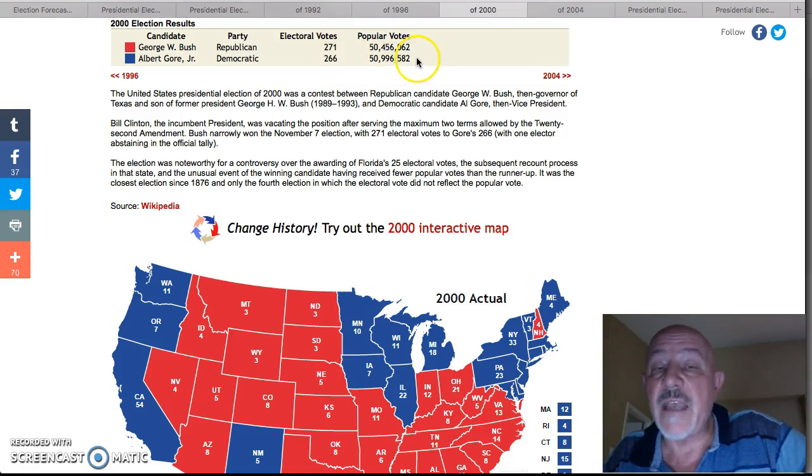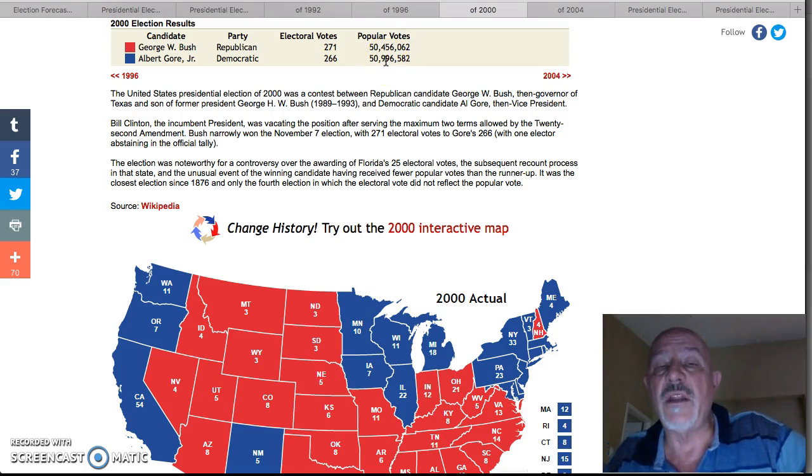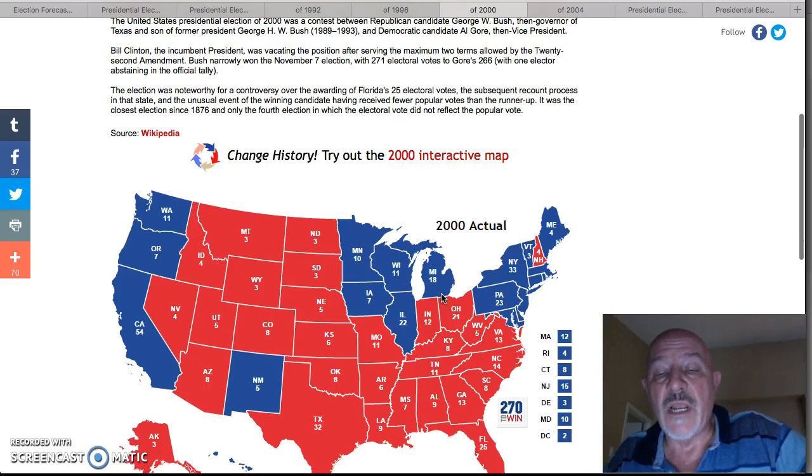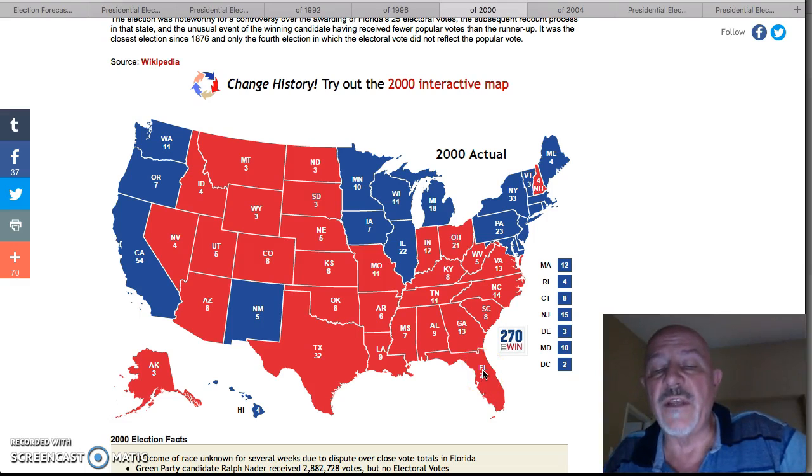Gore did take a little bit more in the popular votes. He had something on the order of 500,000 more popular votes than the actual winner. And if you remember, Florida had been called for the Democrats, and then it turned out that it was too close to call.